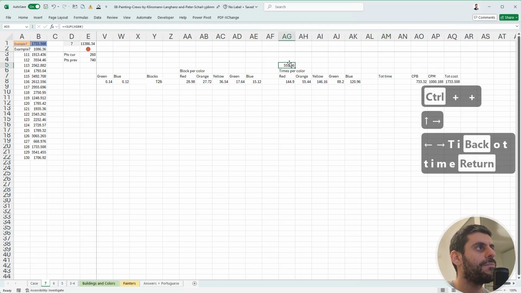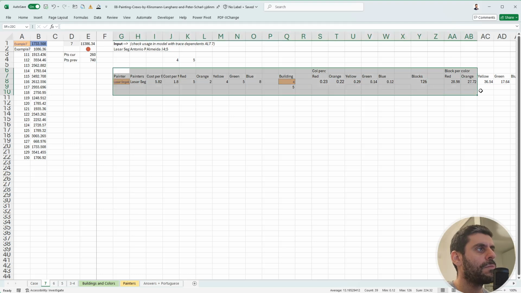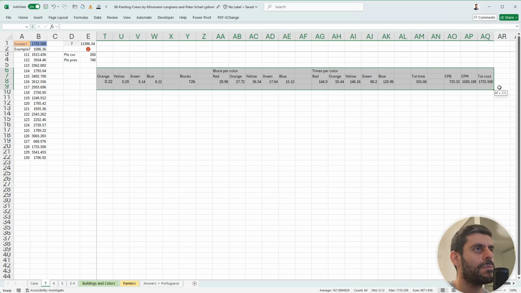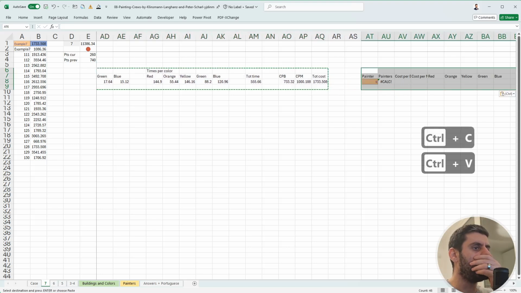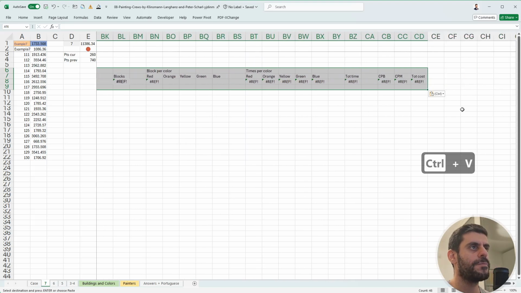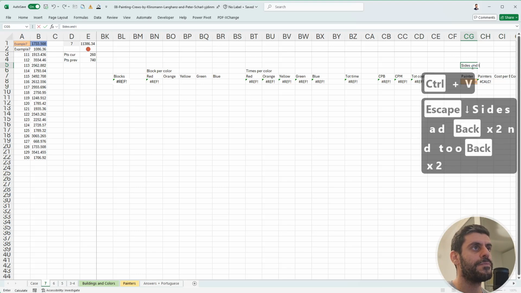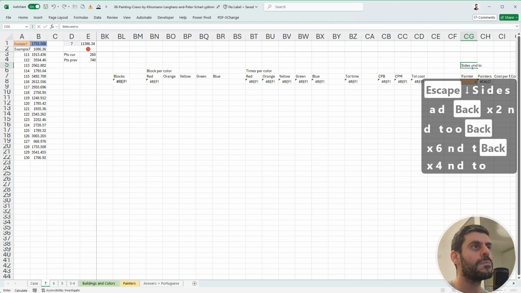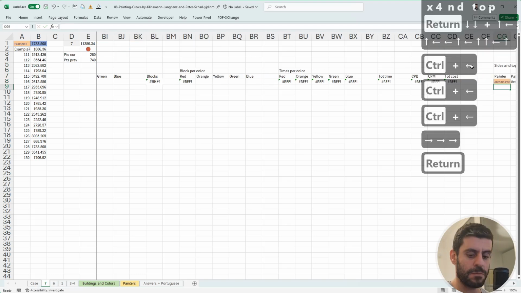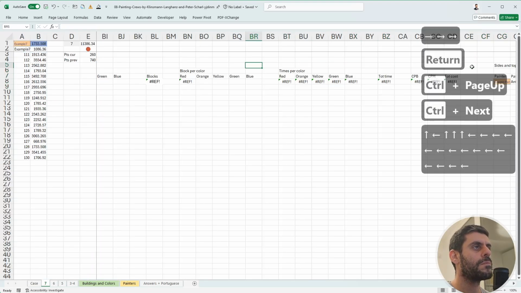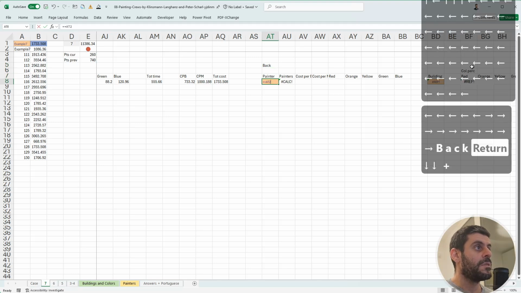Total time. So this is the front. Sides and top. Back.